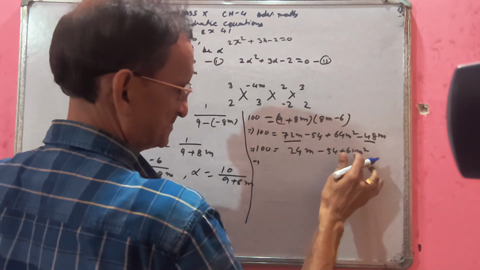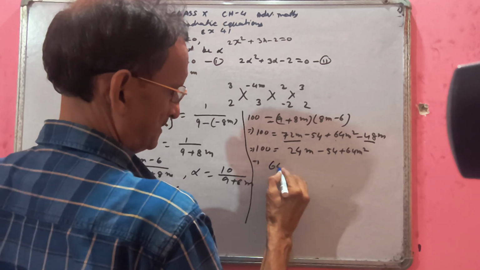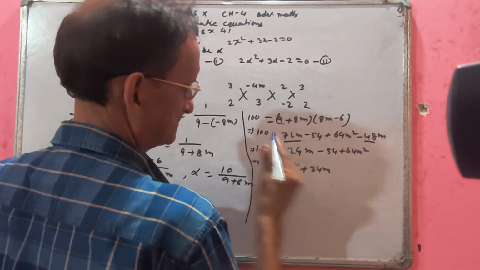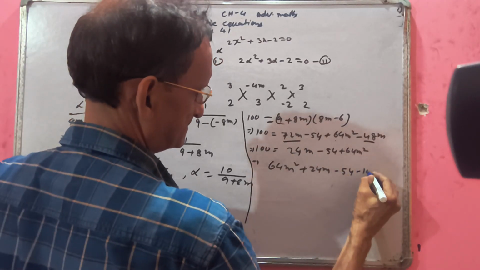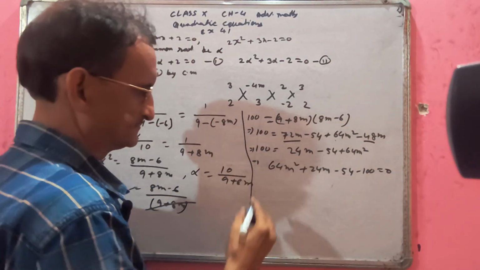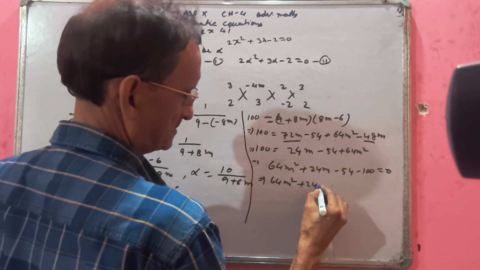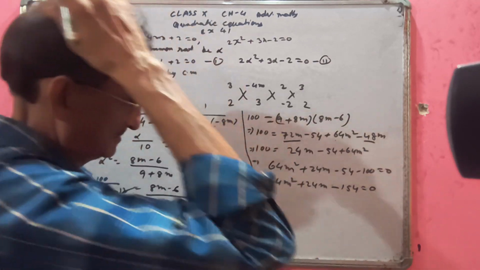Now write in proper form. First write down 64m square plus 24m minus 54 and minus 100 equal to 0. So this is 64m square plus 24m minus 154 equal to 0.